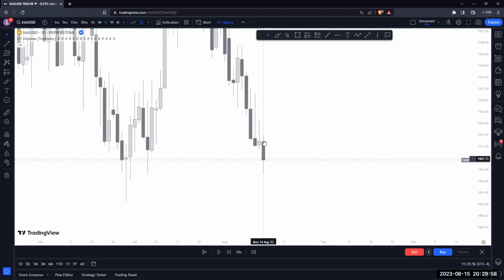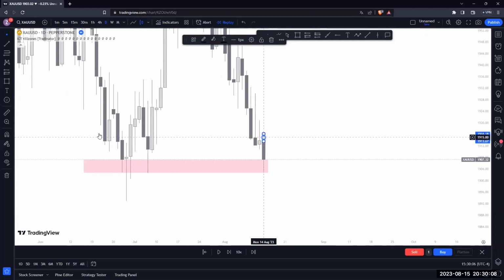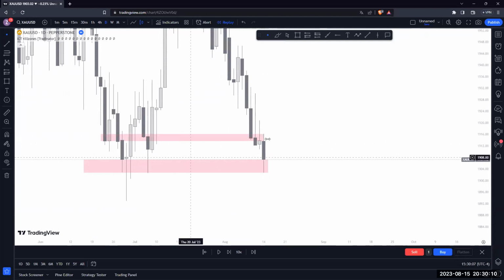And then what you do with it, you see the wicks. You take the wicks and you draw a box to the left. And what you do in this box is you spot if there is any fresh level that was rejected by a wick.